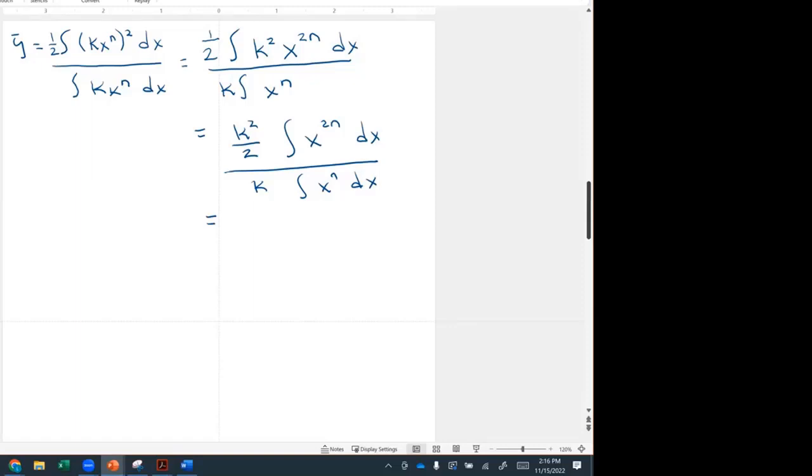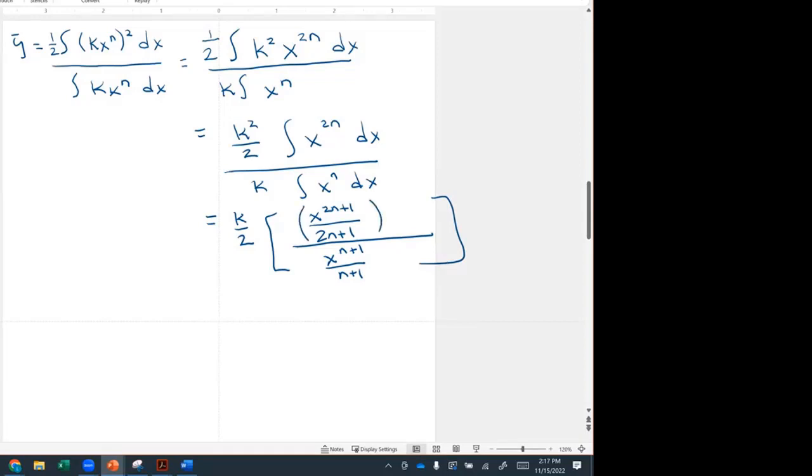This k cancels with that k at the top. So I would just have k over 2 times the integral of x to the 2n, which is x to the 2n plus 1 divided by 2n plus 1, and the integral of x to the n is x to the n plus 1 over n plus 1.